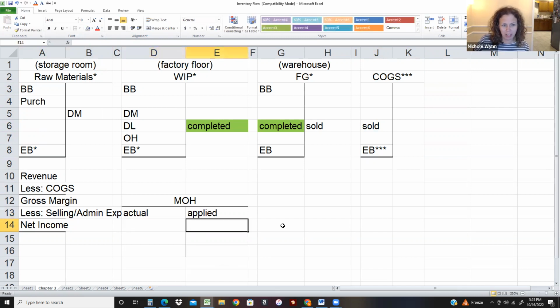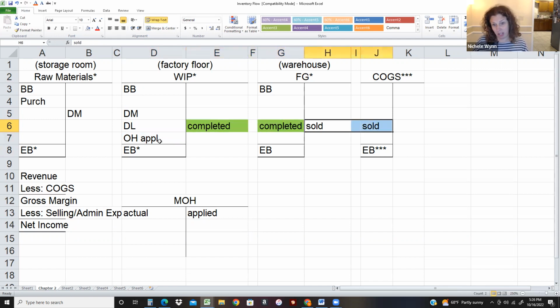This overhead right here is applied overhead. Every time we have a job, we're going to do direct material, direct labor, and overhead applied. Then as we finish the job, we take it out of WIP and send it to finished goods, and when we sell it, out of finished goods into COGS. So this green number is COGM, and then this is COGS.